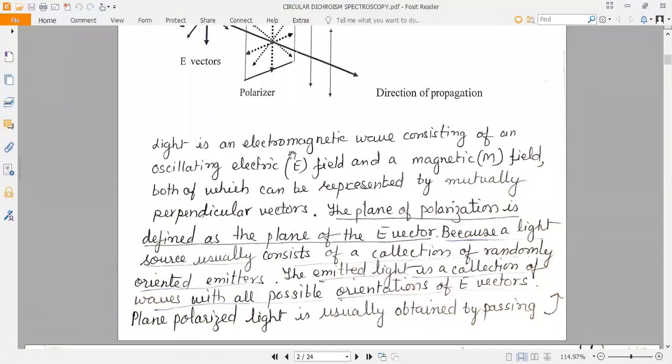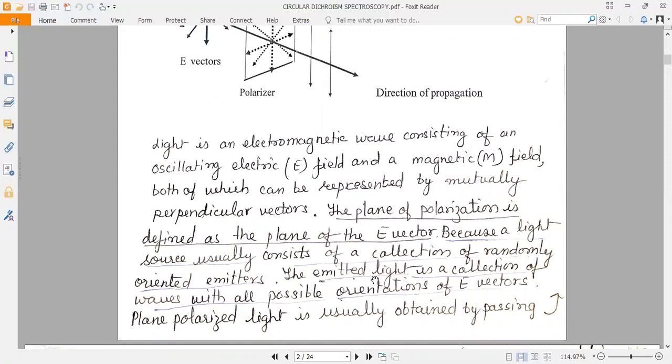Light is an electromagnetic wave consisting of an oscillating electric E field and a magnetic field, both of which can be represented by mutually perpendicular vectors. The plane of polarization is defined as the plane of the E vector because a light source usually consists of a collection of randomly oriented emitters.